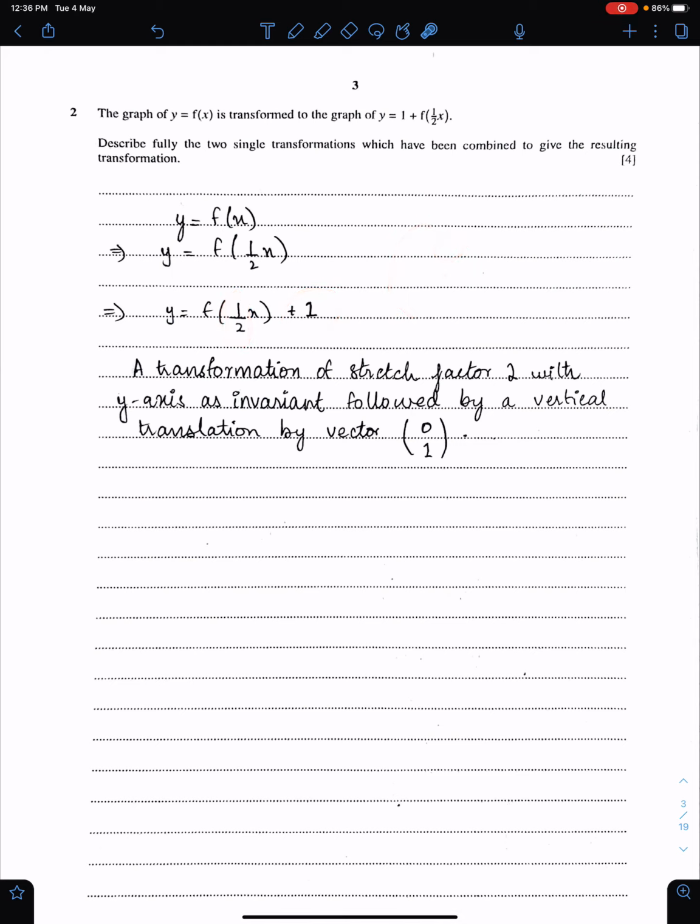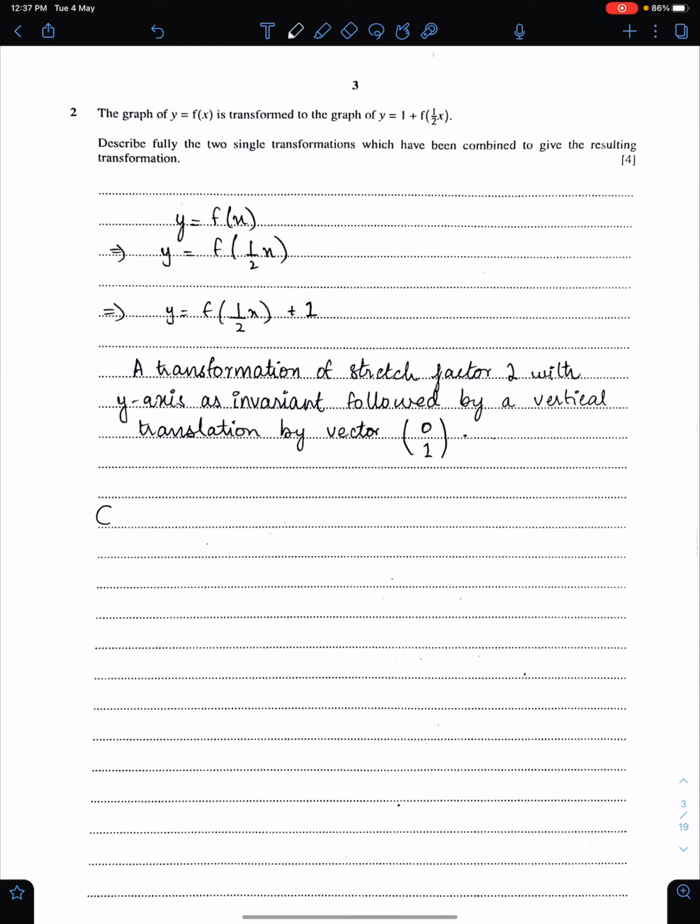So there are two ways to describe this equation. Number one, horizontal stretch factor 2 followed by translation vector (0, 1). The other way is a transformation of stretch factor 2 with y-axis as invariant followed by a vertical translation by vector (0, 1).